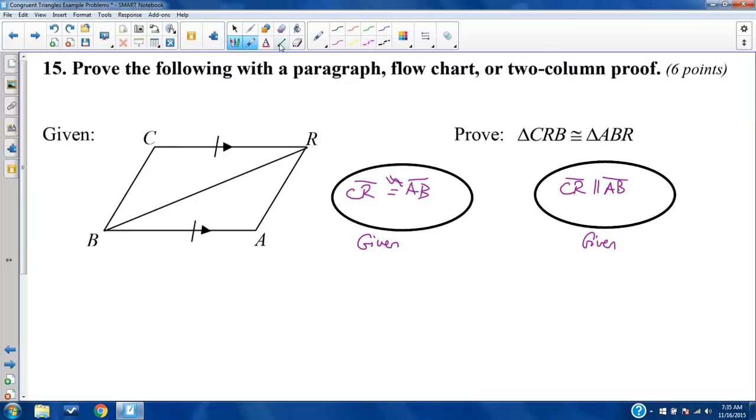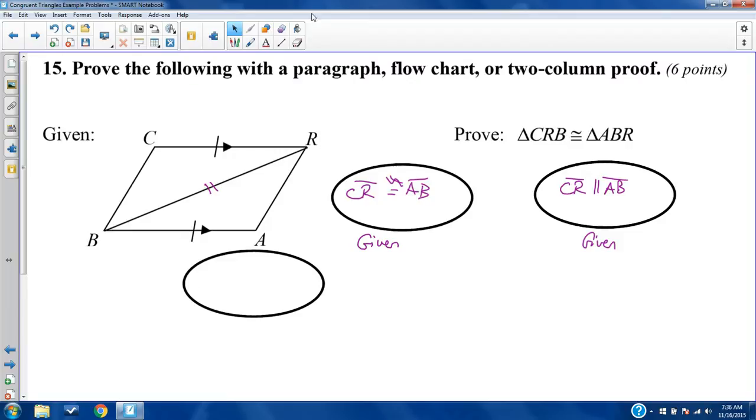The way flowchart proofs work is that you work from your given information to start drawing new conclusions. Maybe you can create new information as well, such as segment RB is congruent to itself by the reflexive property. Did we know that before? Well, because it's drawn, it's not given, but it's by the reflexive property. So the way flowchart proofs work is you draw from previous information if you can.